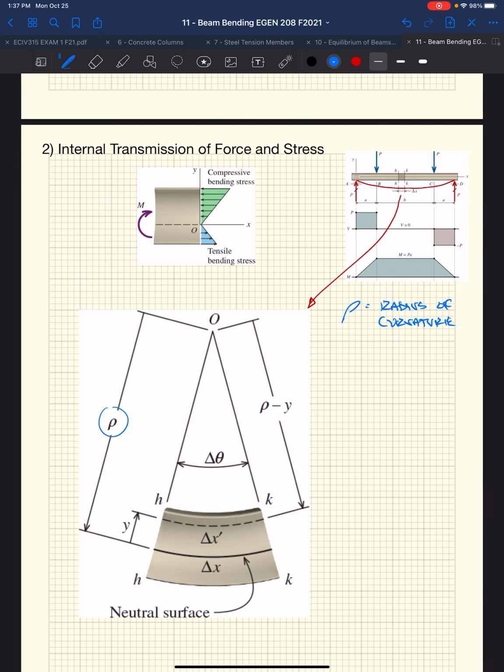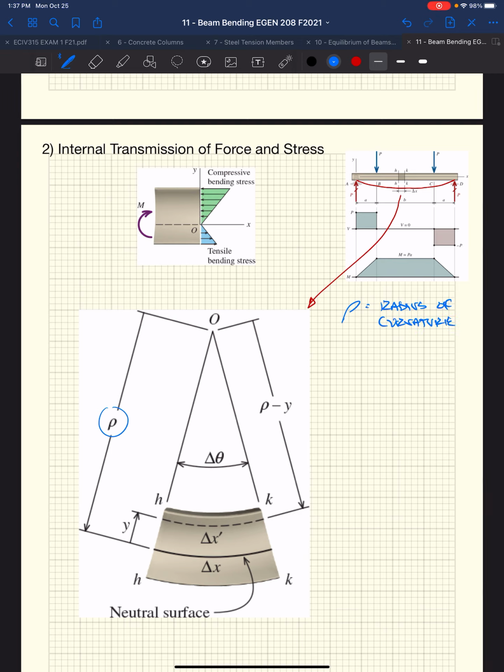We're trying to develop the strain equation. So the original length, we can all agree, is this delta x. It's our neutral surface. We know it's not going to get longer or shorter as it bends. That was the original length of the sliver we took. We decided to take a very small sliver, so that sliver is related to this radius times the angle. So we came up with this equation for the length.